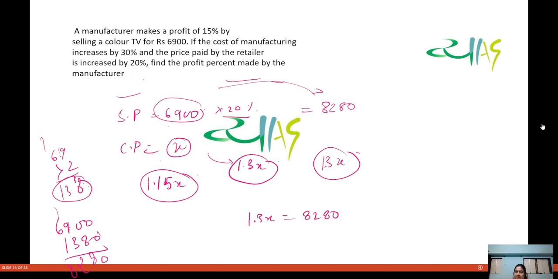See, here you can either get x from here, that is 13 into 10, or you can get your x from here as well.